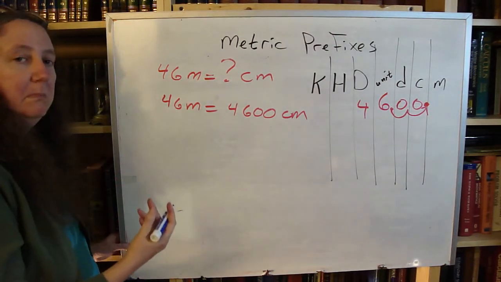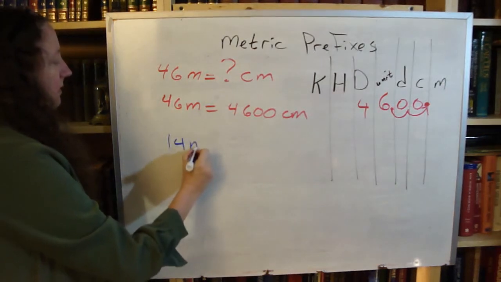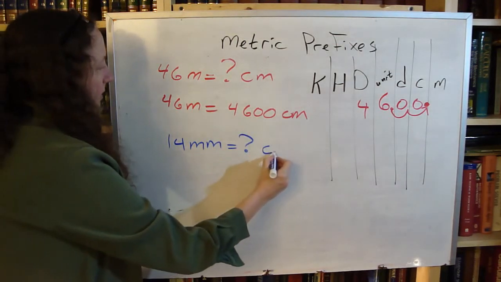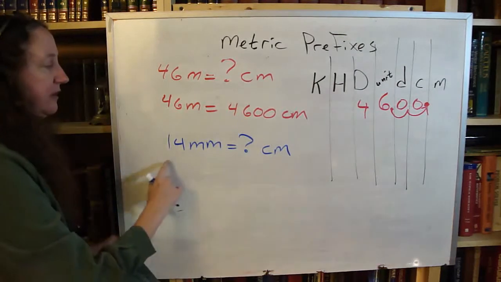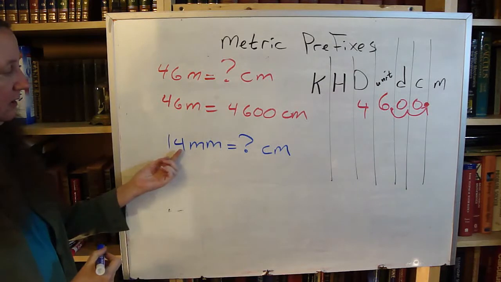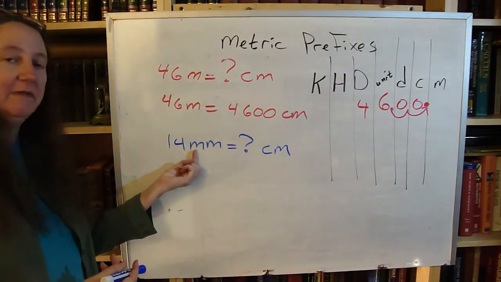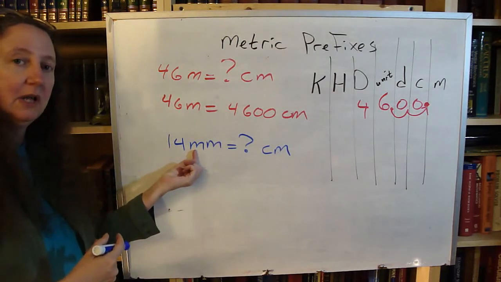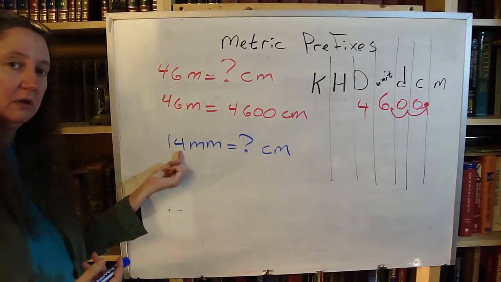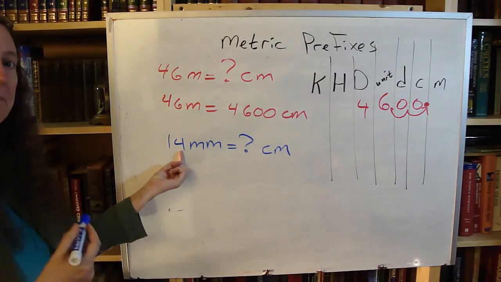What if I want to go from millimeters to centimeters? 14 millimeters is how many centimeters? So I have the m telling me that it's length. I have the other m here telling me that it's the milli. So I want my 4, the last number before my decimal point, to go in the milli column.